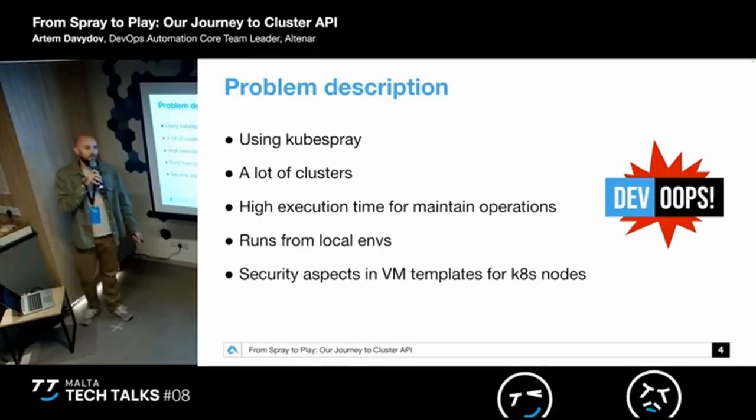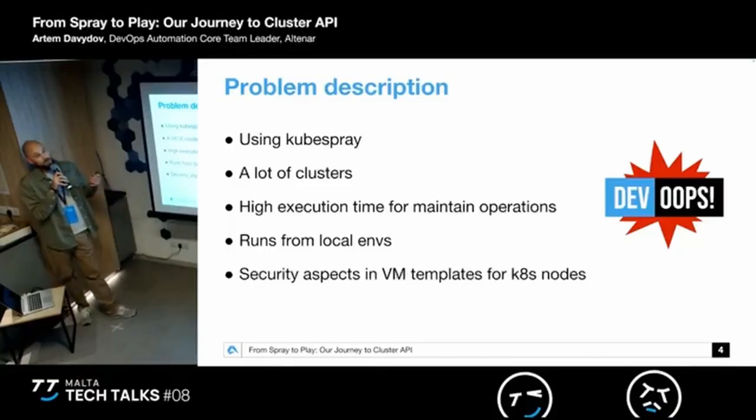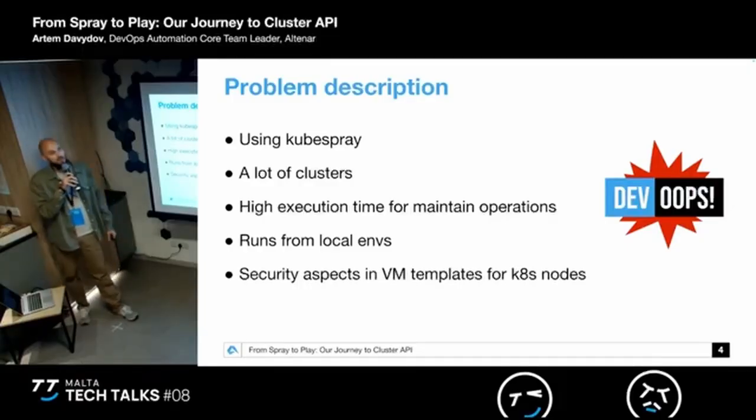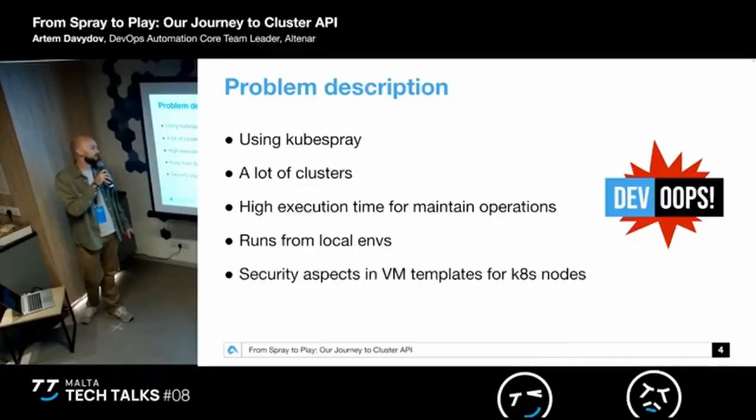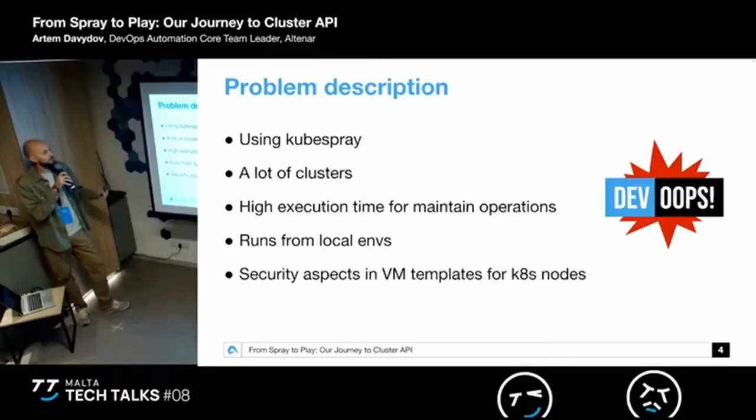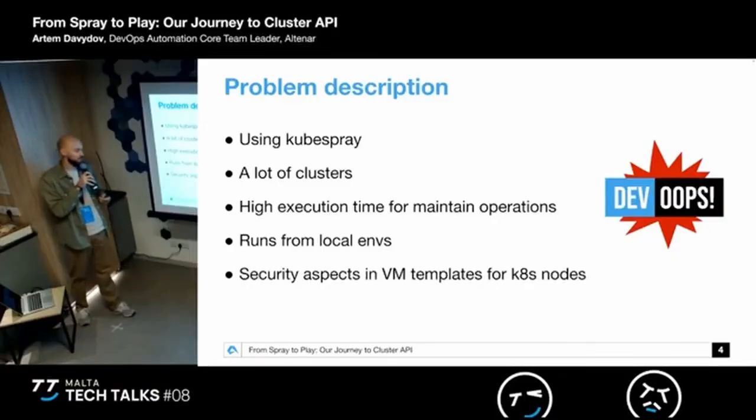For example, we have for now 40 Kubernetes clusters, and the biggest cluster, I think, has, for example, 40 nodes in it. And also, there is a high execution time to maintain big clusters.